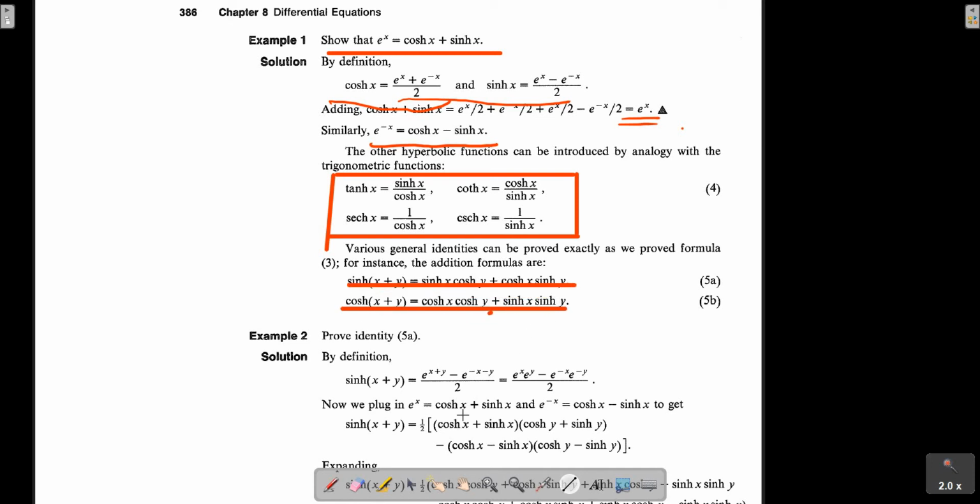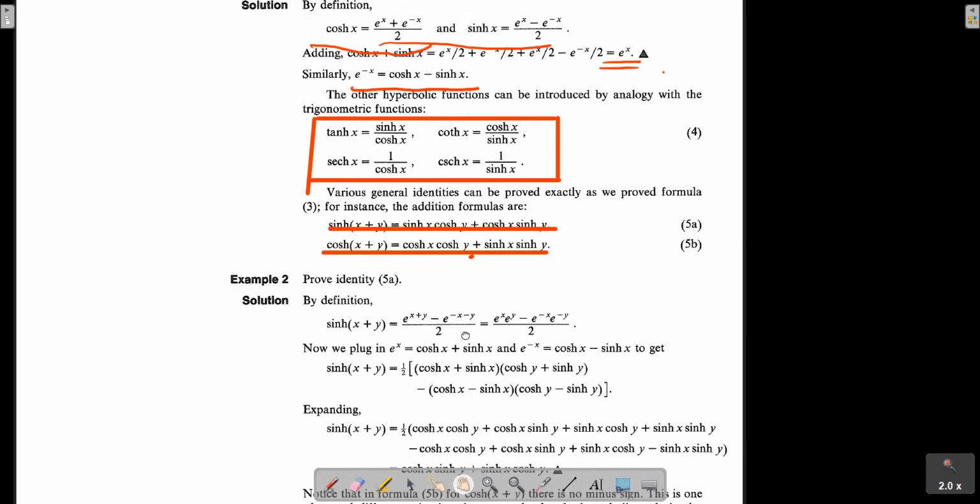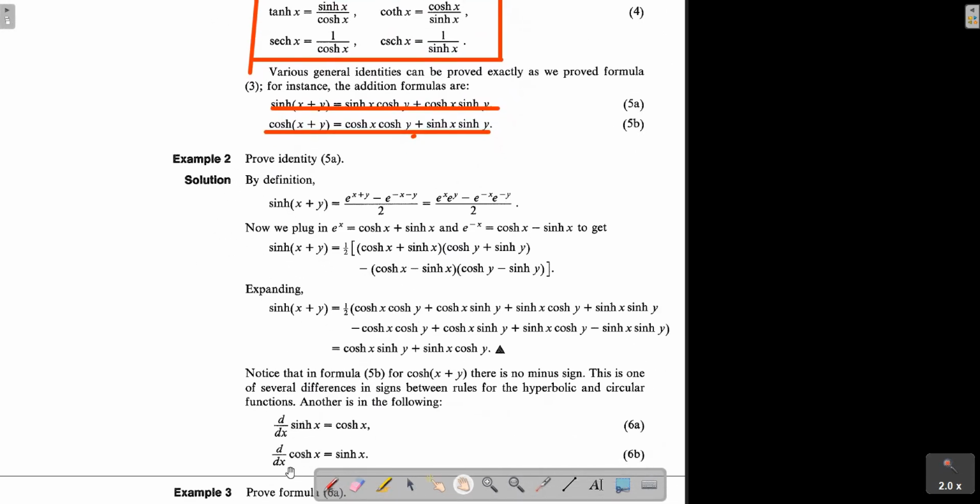How do you prove these identities? This is example 2. From example 2, we can see that first of all, sinh of x plus y. We have sinh x is equal to e raised to x minus e raised to minus x divided by 2.